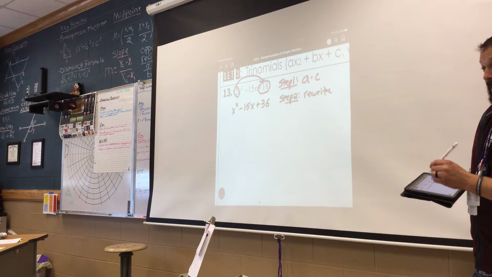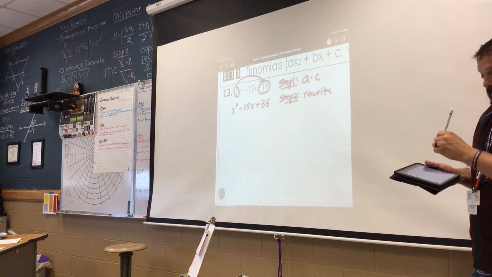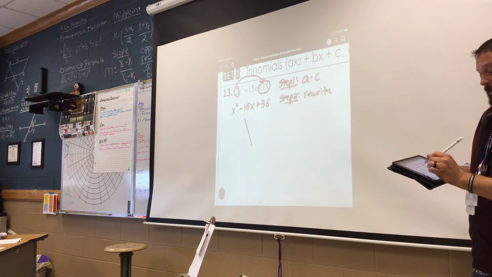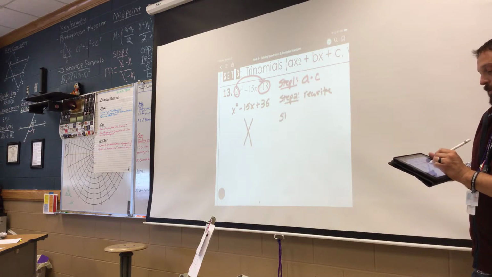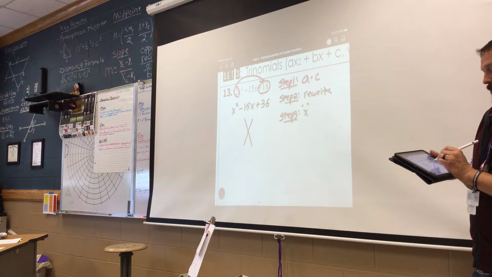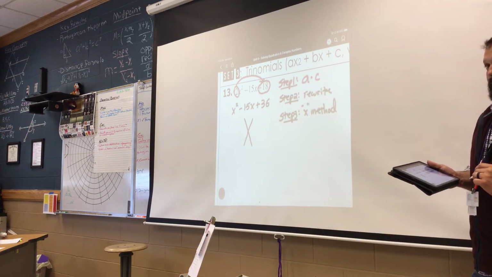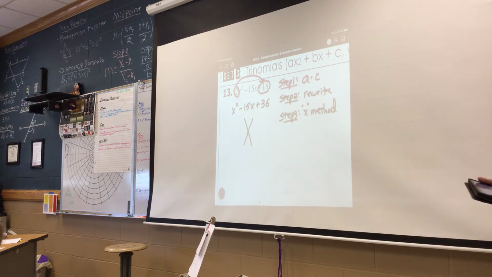Okay. From here, I can actually do the x method. So from here, step 3. That's just like what we were doing before, right? So I'll do that in blue. I think it's blue. We'll go with it.